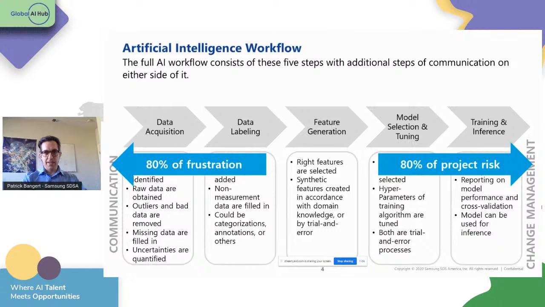However, in contrast, 80% of the risk of your entire project happens at the very end, because there is a good chance that you do everything right, and at the very end, the users say, you know what, actually, what we did the last 50 years is fine. We're not going to change. You did a good job, you scientist people, but never mind. We got this the old-fashioned way. And this happens time and time again.